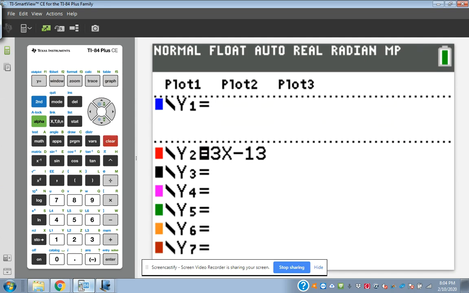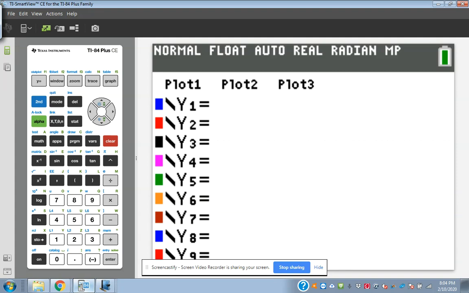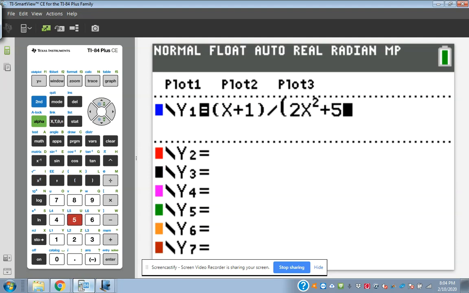Okay, so you've got to be careful about this. You're going to want to use parentheses for the numerator, which was x plus 1, divided by parentheses, and then the denominator was 2x squared plus 5x minus 3.